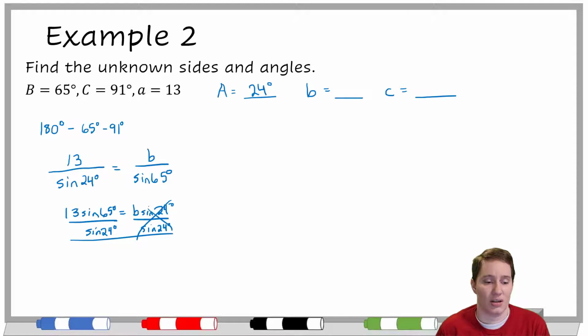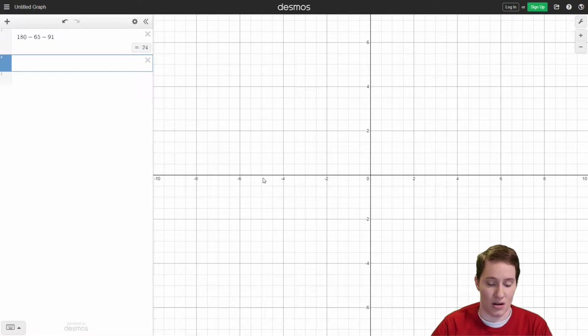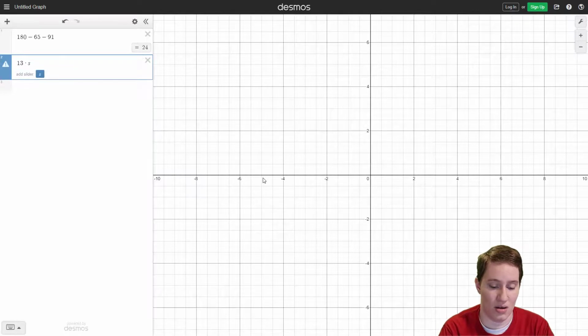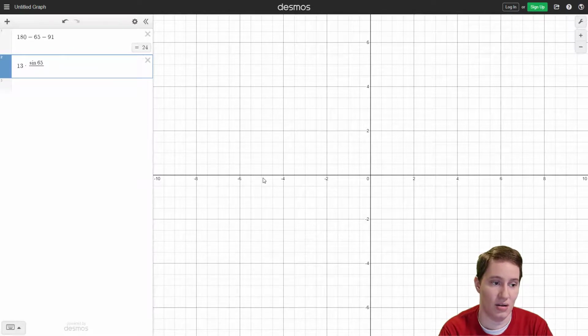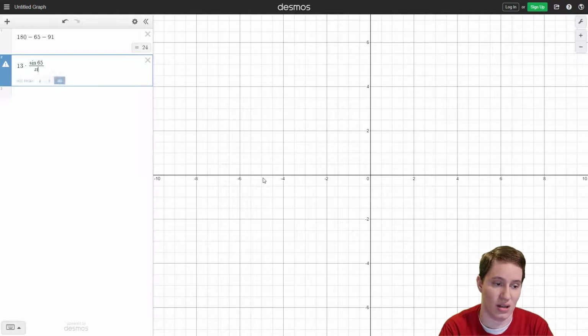So we're going to do all that on our calculator, and it'll be a great time. 13 times sine 65. And then we're going to divide by sine of 24.